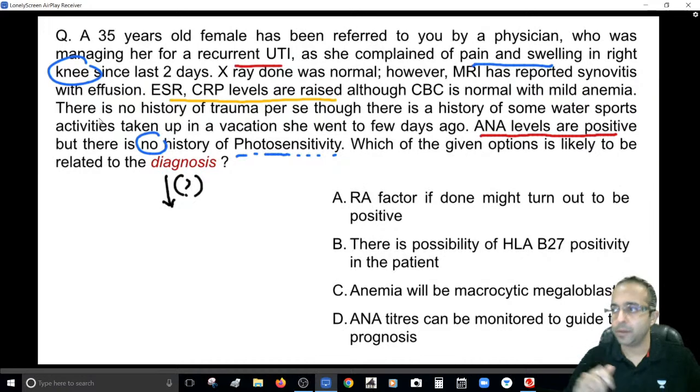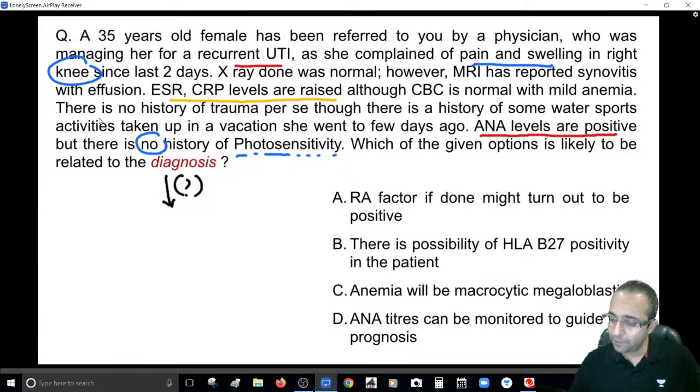So guys, an invitation from my side to you: what is the likely answer here and what is the likely diagnosis? Anything you wish to let me know, any way you wish to let me know. So what do you think is the diagnosis and what will be the correct answer? You are invited to put that up in the chat box.